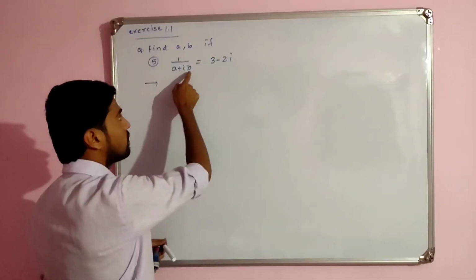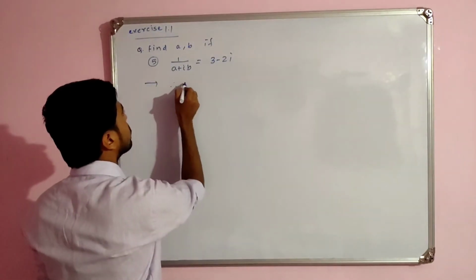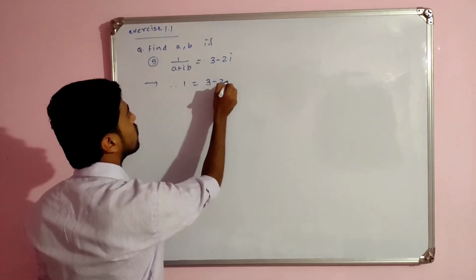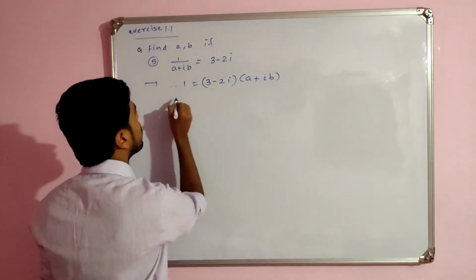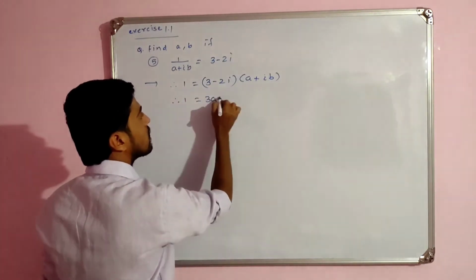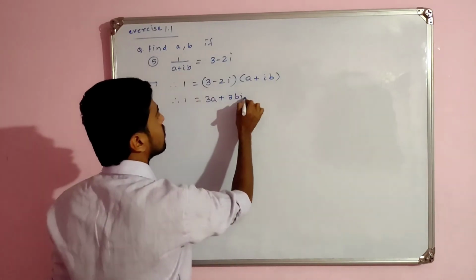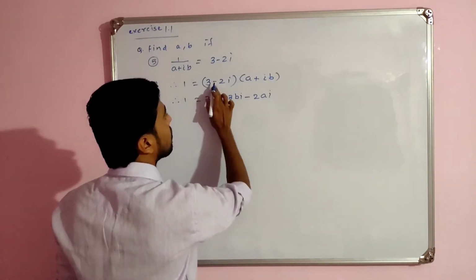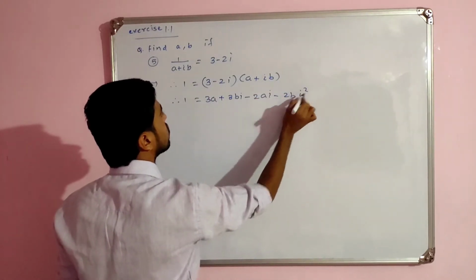Next question, 1 upon a plus ib is equal to 3 minus twice I. So here a plus ib is divide, transpose to this side and get multiply. So 1 is equal to 3 minus twice I into a plus ib. So 1 is equal to 3 into a, 3a plus 3 into ib, 3b into I minus twice a I minus plus minus 2 into b, 2b, I into I square.